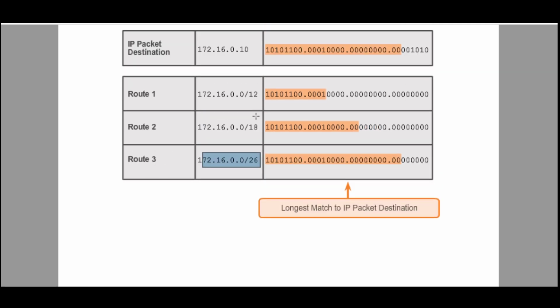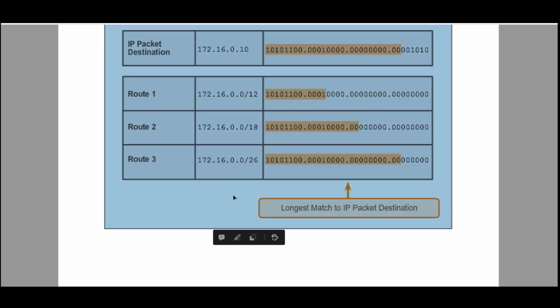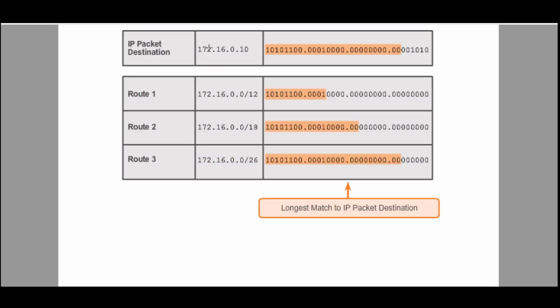Then you may get a question like this. They will give the destination IP address and 2 or 3 routes, and ask you which route will be selected. You have to convert into binary. Actually, there is no need to convert into binary, and I will give you a tip. You see 172, 172, 172, so just strike out 172.